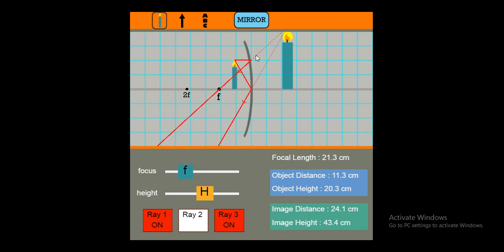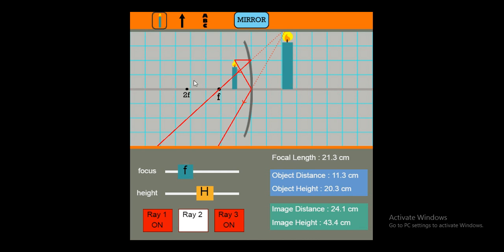After extending these rays, we can find the intersection point. This is the place the image is formed. This larger one is the image of this object, the candle. This is the object, this is the image.